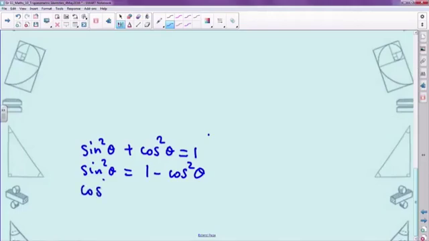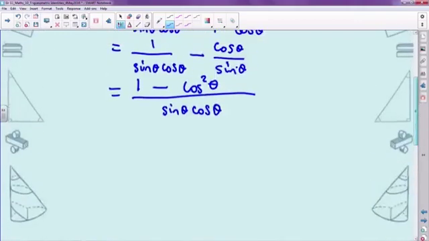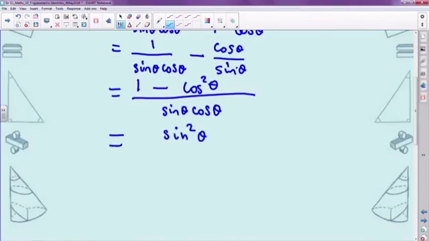Or when I want to make cos squared theta the subject of the formula, it is 1 minus sine squared theta. Now, I come across 1 minus cos squared theta, and going back to the squared identity, 1 minus cos squared theta is sine squared theta. So straight away you can substitute: this is sine squared theta divided by sine theta cos theta.